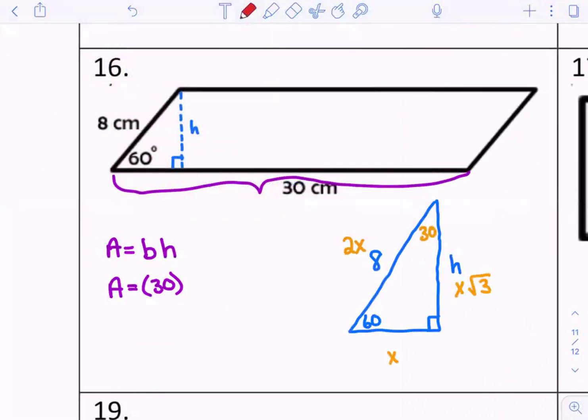If I know that opposite the 90 is 2x, and it ends up being 8, then that must mean that 1x is 4. Exactly. So opposite the 30 is 4, but that's not the piece we want. We want what's opposite the 60, which is x rad 3. So since x is 4, the height is 4 rad 3.